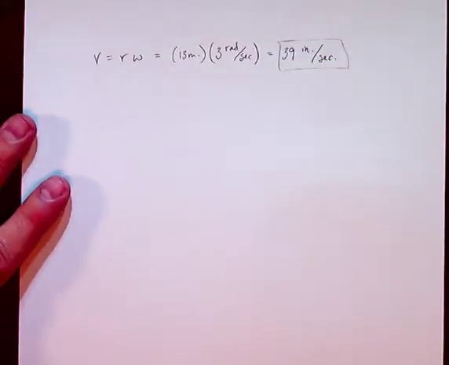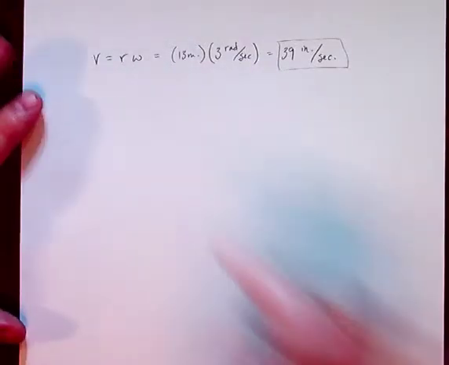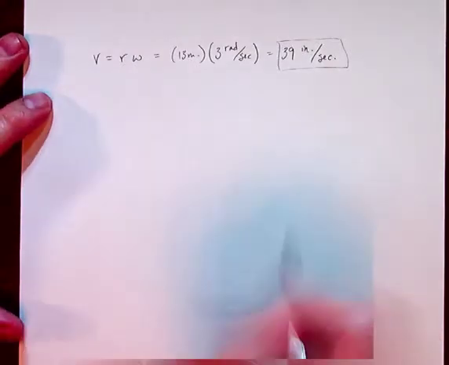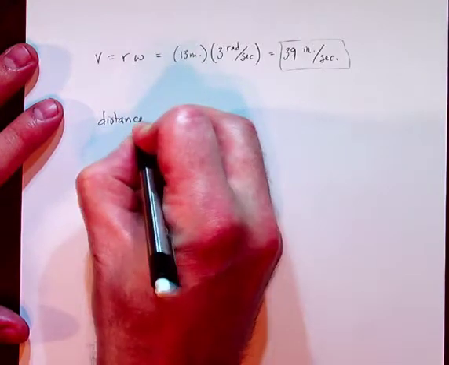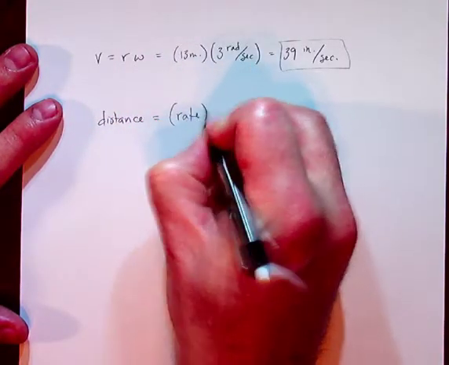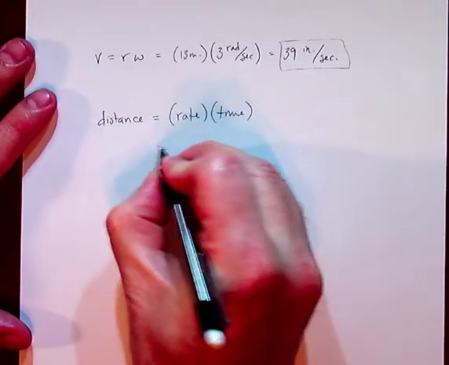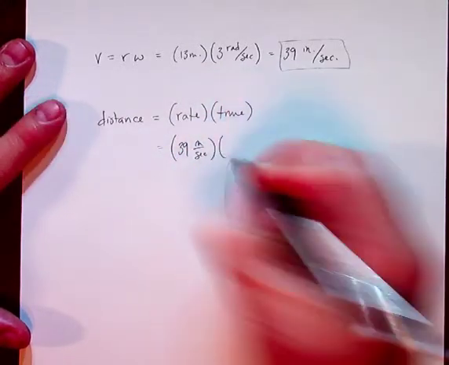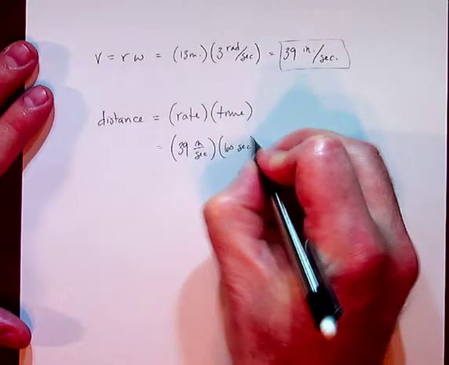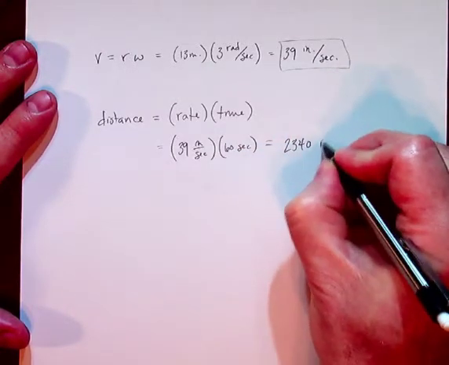Now, from there, you know that, of course, it's going around and around the circle, but if you were to lay it out flat and actually think of it as linear rather than around and around, all you really need to do is go back to that really familiar formula of distance equals rate times time. And your rate, of course, is your 39 inches per second. Your time was 1 minute or 60 seconds. And guess what? That product is also 2,340 inches. Okay?